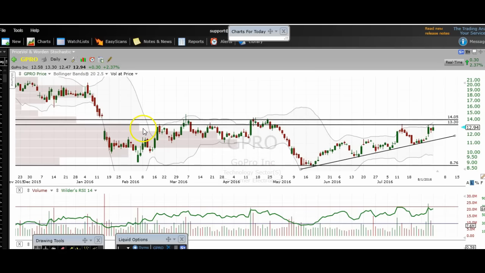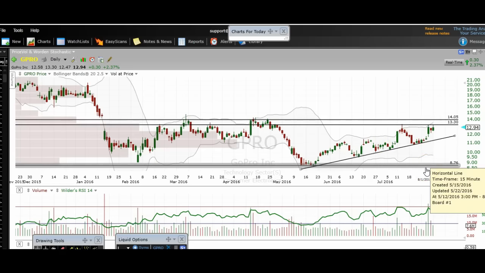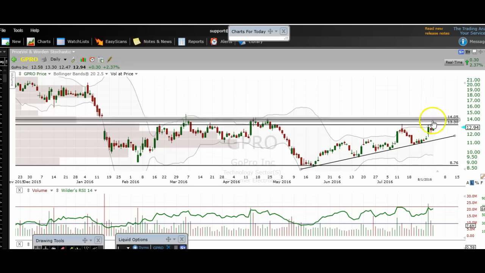So eventually it's going to break outside of this range. We don't know if it's going to be to the upside or the downside, but once it breaks outside of this range, whether it's over 14 or under $8, I would probably guess more than likely it's going to be to the upside. So that's most likely what's going to happen, but you've got to be open to all situations when you're analyzing charts.